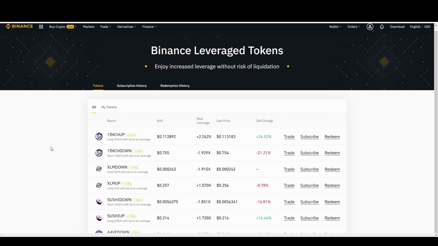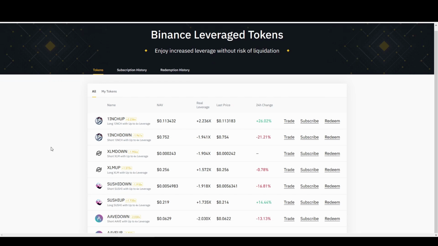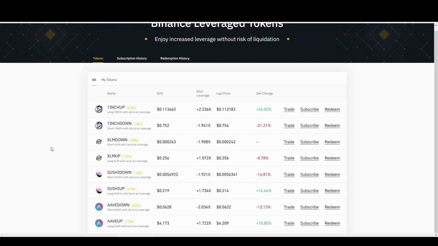So why would you use a leverage token? Well, if you want to make more money on a swing, so let's say the market is going up, you can make more profit. But the big advantage is when the market is going down, you can invest in some of those tokens and make profit on the way down.